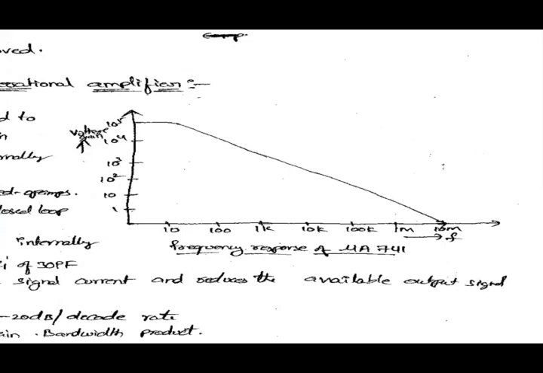Generally, when we use this type of op amps in instrumentation applications, we use internally compensated op amps. The MUA 741 op amp is internally compensated with capacitor C1 of 30 picofarads, and open loop gain of 20 dB. This op amp has 1 megahertz gain bandwidth.